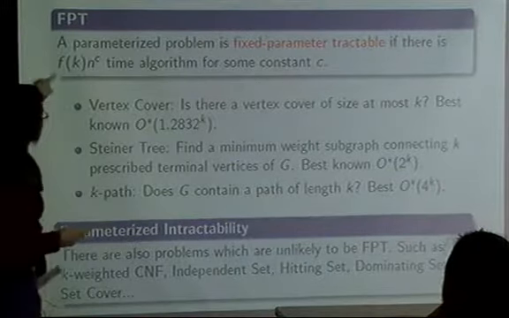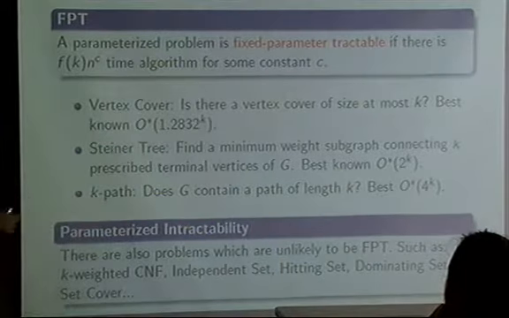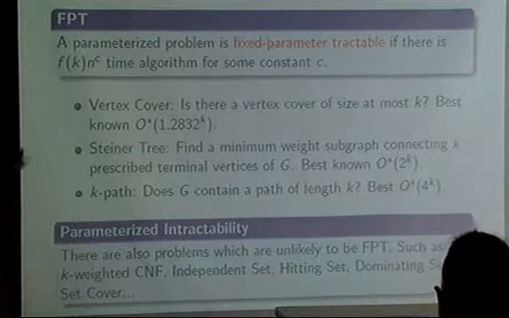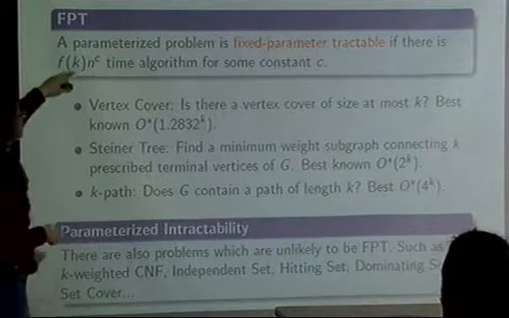A parameterized problem is fixed parameter tractable if there is an algorithm that runs in time f(k) times n to the power of c. f(k) can be very large. It can be exponential or bigger than exponential. But we want the exponent of n to be a constant.